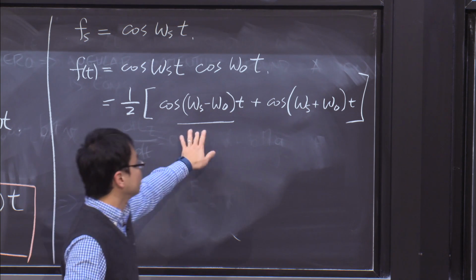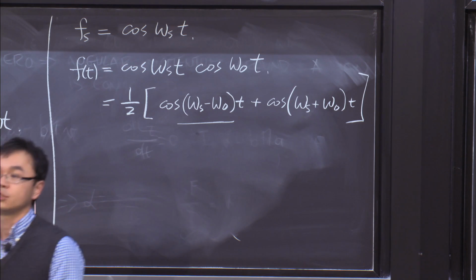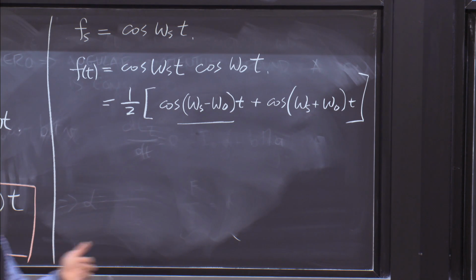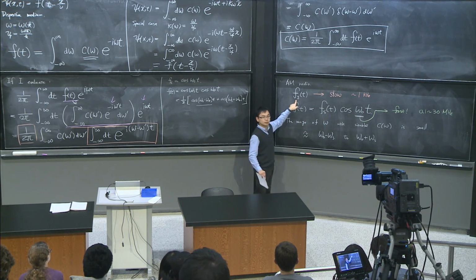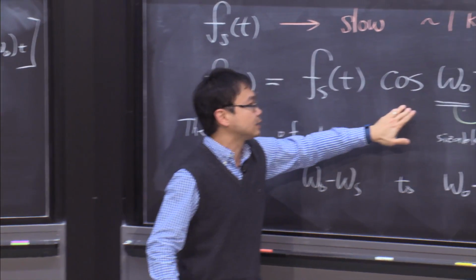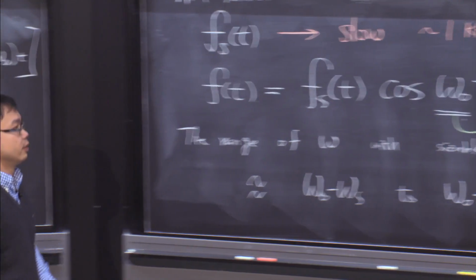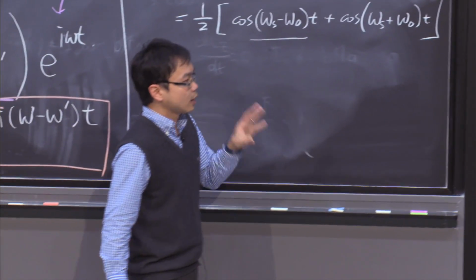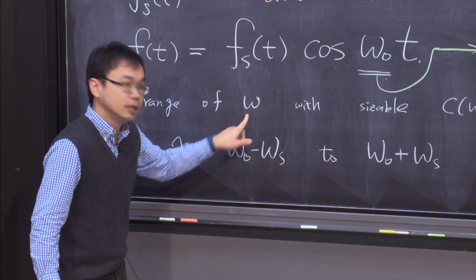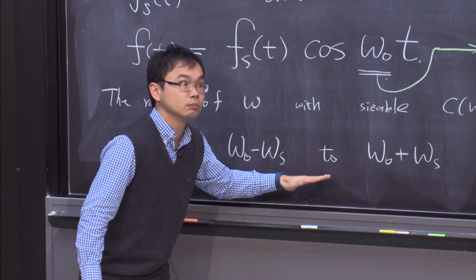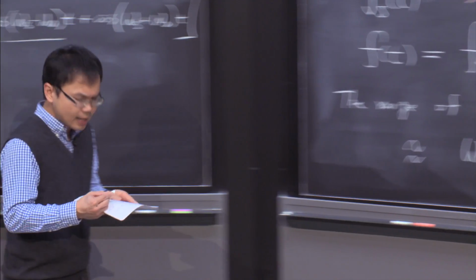That's why, if you modulate your slow signal function by a fast carrier frequency, you confine the effective range of omega into a very small range. Why is that useful?